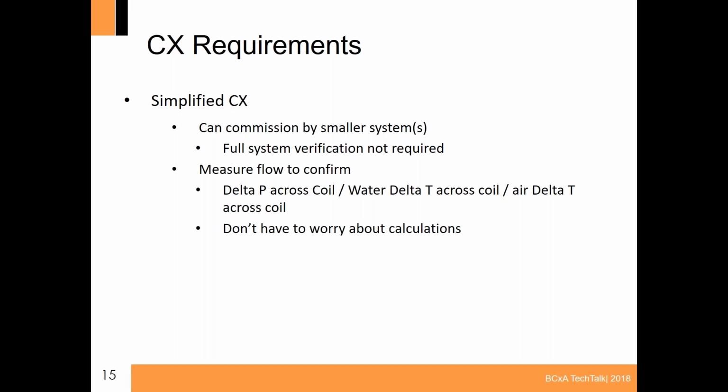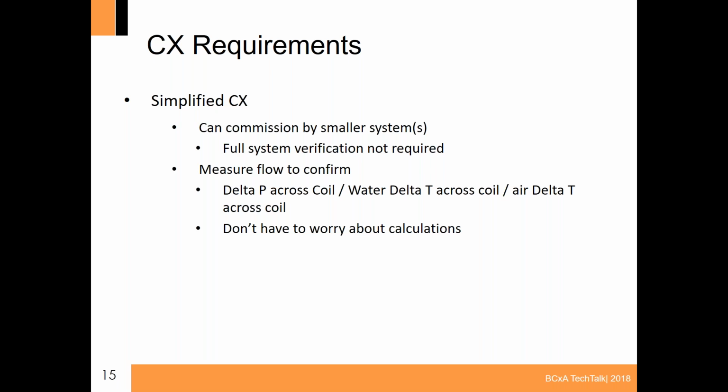Talked about measuring flow to confirm. Well, now we're not measuring flow across the traditional balance valve. Typically it's measured across the coil to confirm flow. A lot of times once you start confirming those flows and know that you're set, there's a lot more assurance that everything is more balanced than in the traditional method of balancing across a balancing valve.